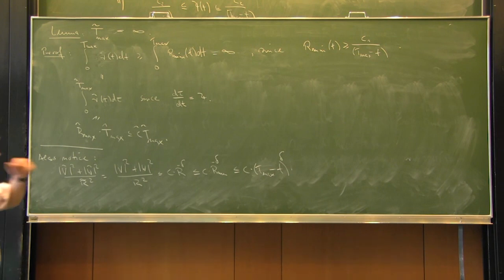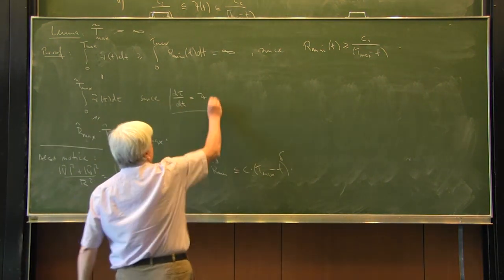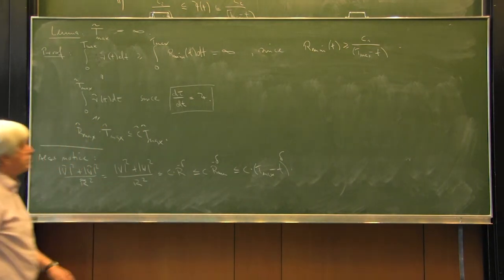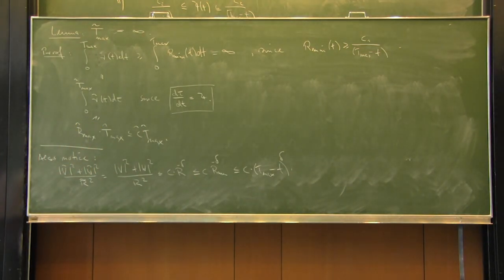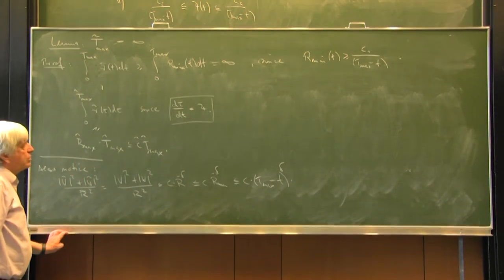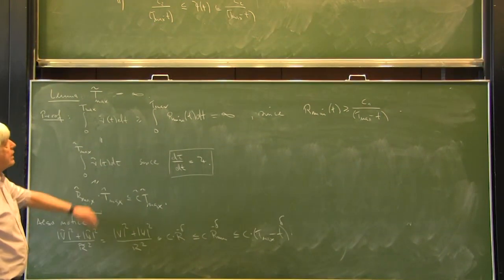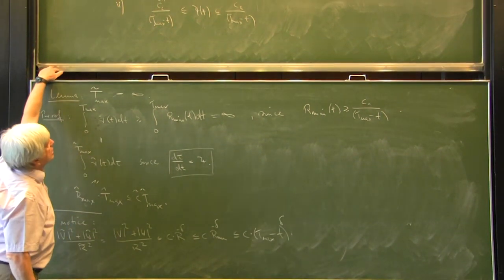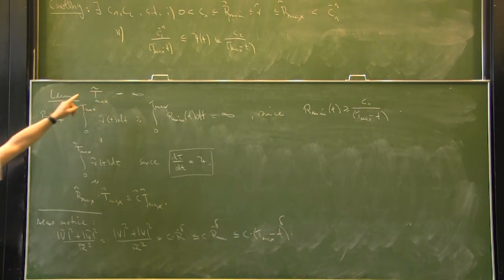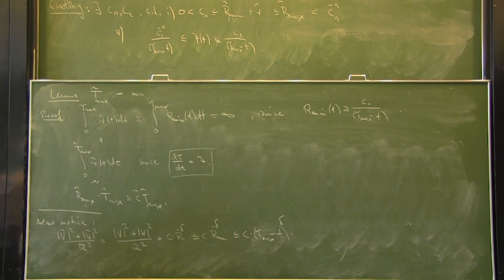But on the other hand, we have here this relation between tau and t, and we have the estimate of psi. Psi is like 1 over the remaining time.